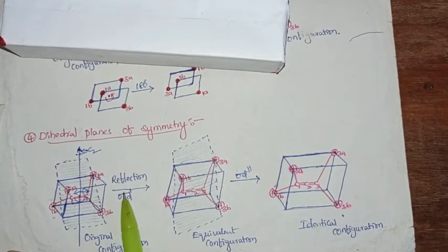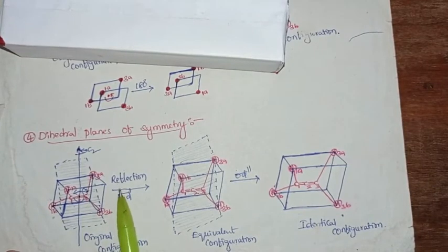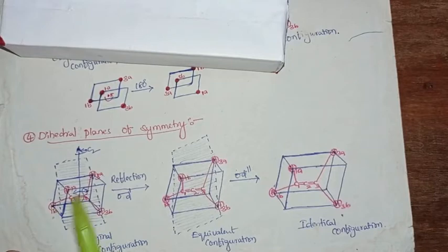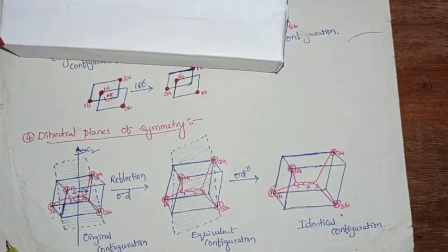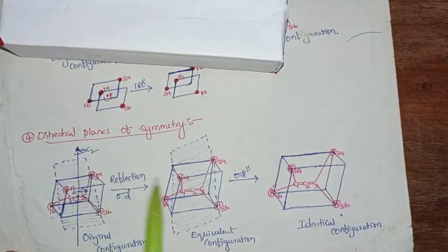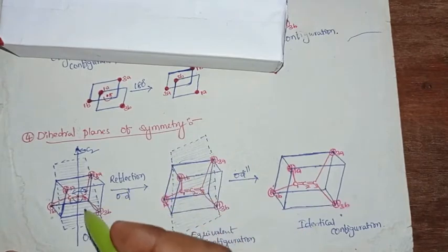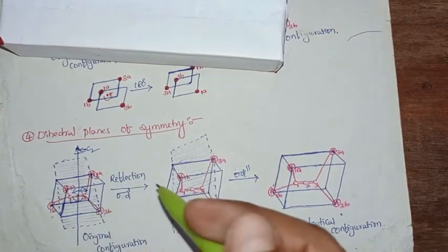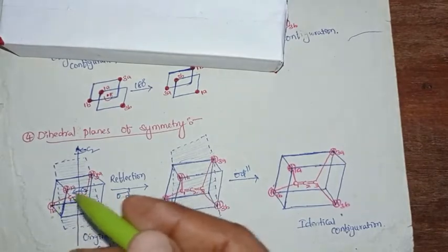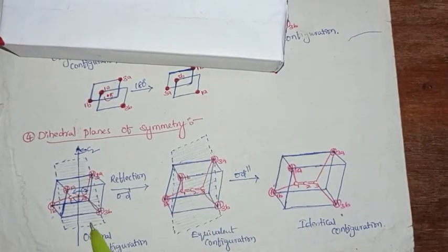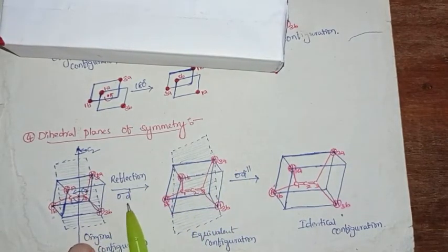And this particular plane of symmetry is a dihedral plane of symmetry, where it bisects the angle between two simultaneous C2s, right? The representation of the angle between two simultaneous C2s and the bisection may not be exactly possible to show here. Just understand that. So after all, this will be a dihedral plane.